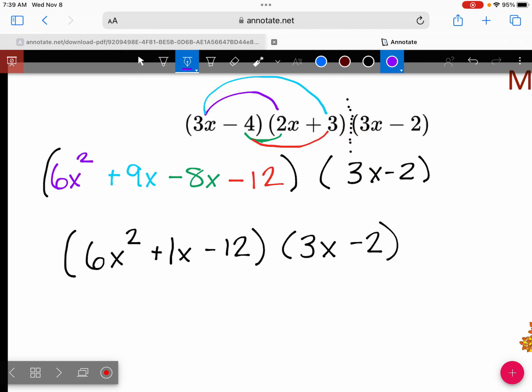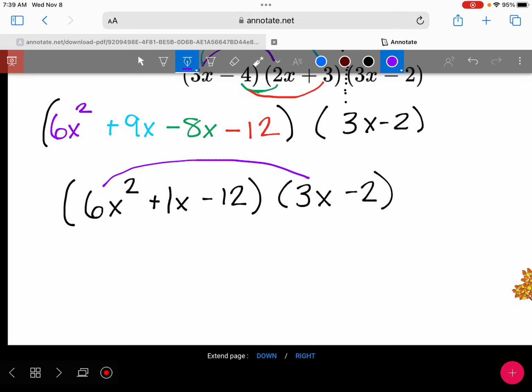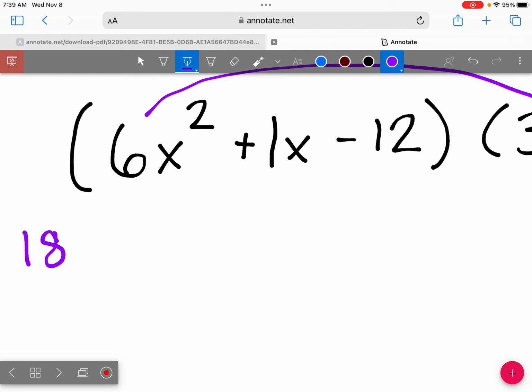So we're going to take our 6x squared times our 3x. So we're going to get some bigger numbers here. 6 times 3 gives us 18. And x squared times x gives us x cubed. I'm just going to rewrite that a little bit lower.